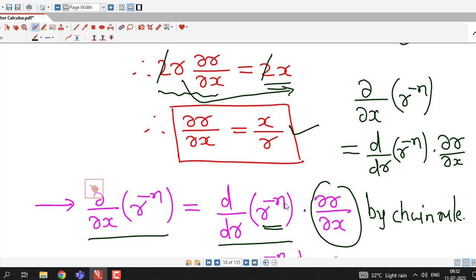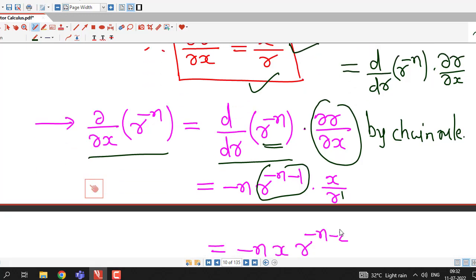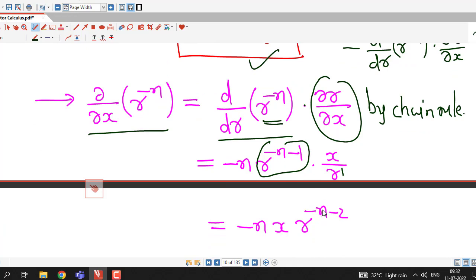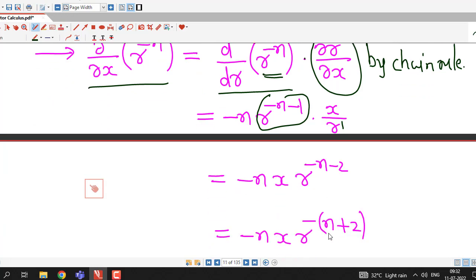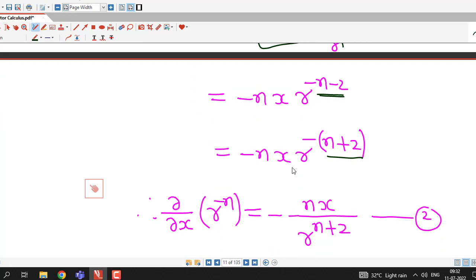Now this is going to be minus n times r raised to minus n minus 1, and del r by del x we substitute as x by r, and then we combine these two. Here the power of r is 1, so this is going to be r raised to minus n minus 1 minus 1, that is r raised to minus n minus 2, and this we can rewrite as r to the power, taking the negative sign common, in the bracket we have n plus 2, and this again we can rewrite as minus n into x divided by r raised to n plus 2.